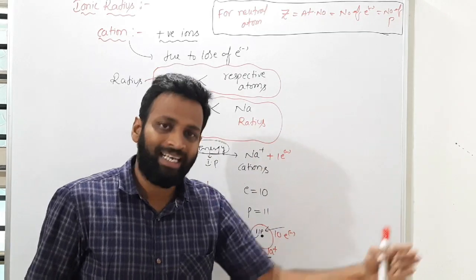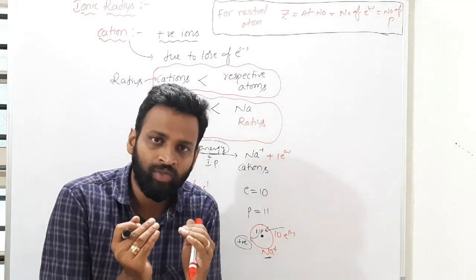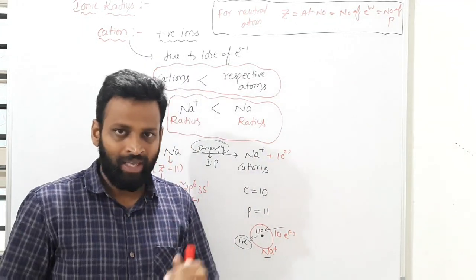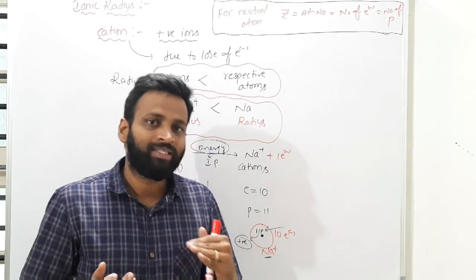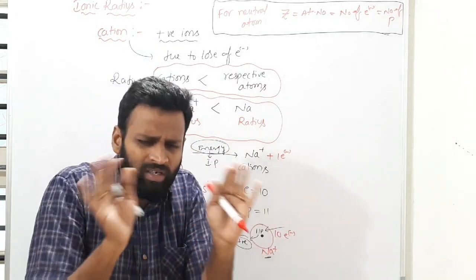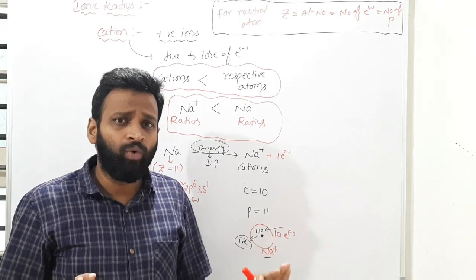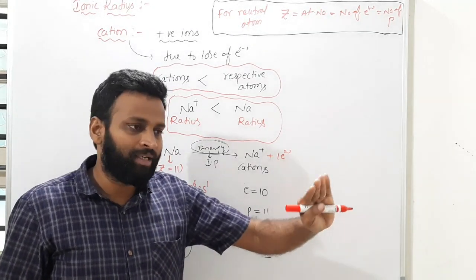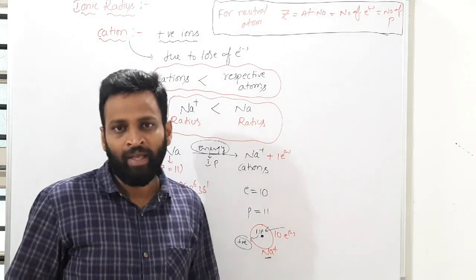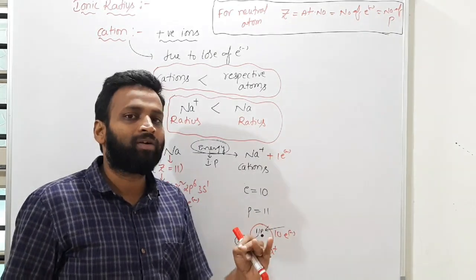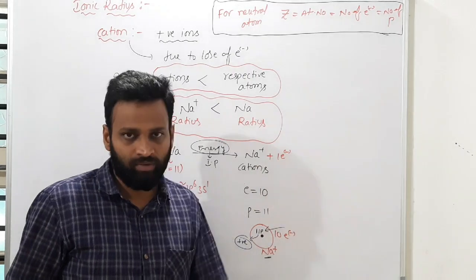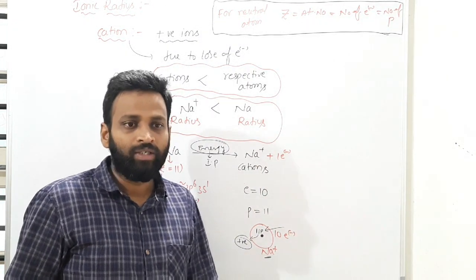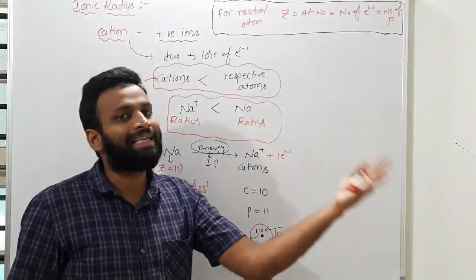So the number of electrons decreases, and certainly protons are more. Protons never change. Only electrons change in a particular atom; electrons may be gained or lost.